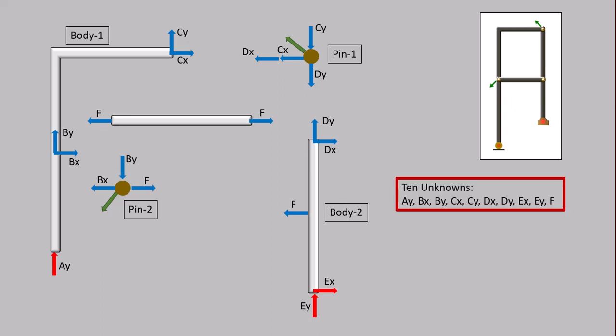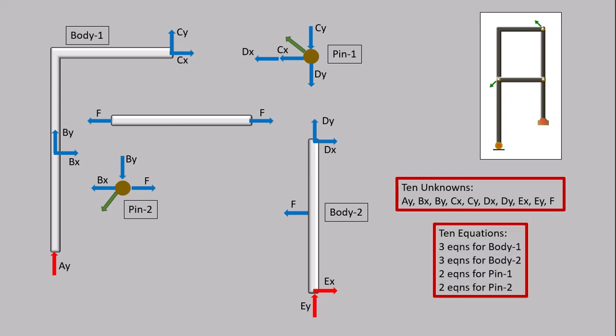Altogether 10 unknowns, AY, BX, BY, CX, CY, DX, DY, EX, EY, and F. We can write 3 equations of equilibrium for body 1, 3 equations for body 2, 2 equations for pin 1 and 2 equations for pin 2.